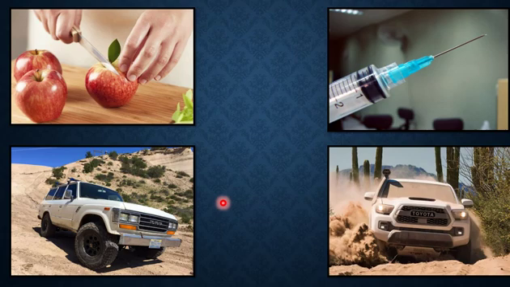From this what we understand is that if the area of cross section is more, then more force will be required to produce the required pressure to cut the vegetable. Here, if the area of cross section is more, that means if it is blunt, then more force will be required to have the required pressure to allow this syringe to penetrate through the skin.